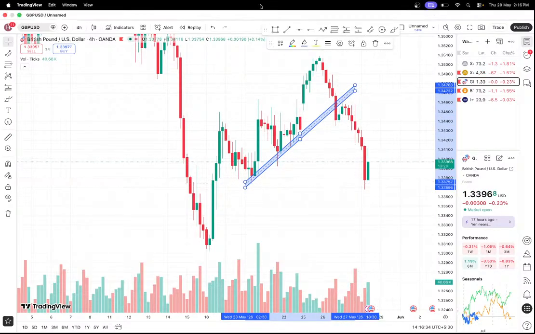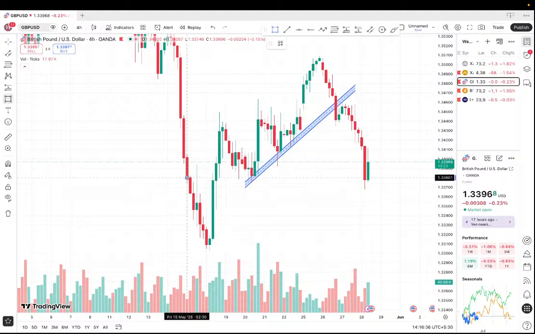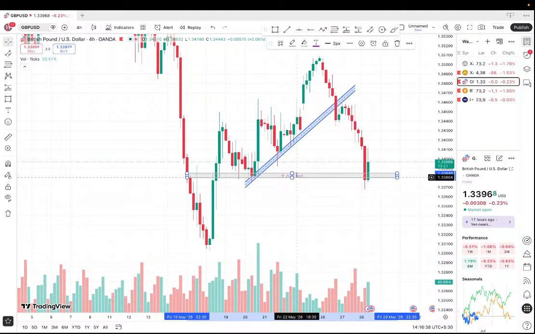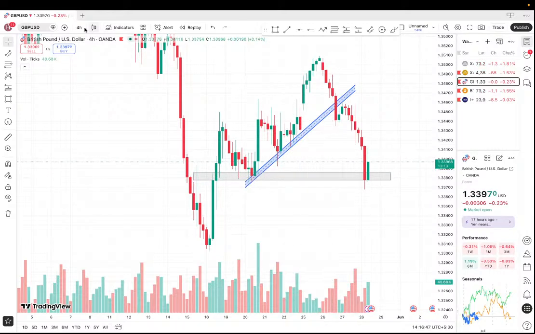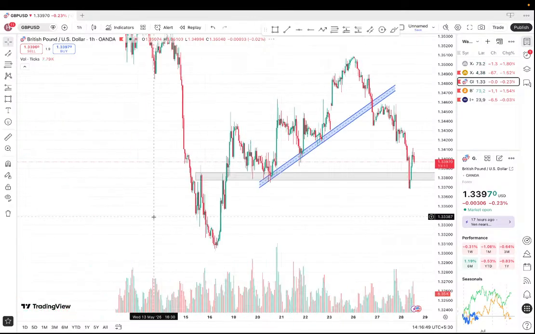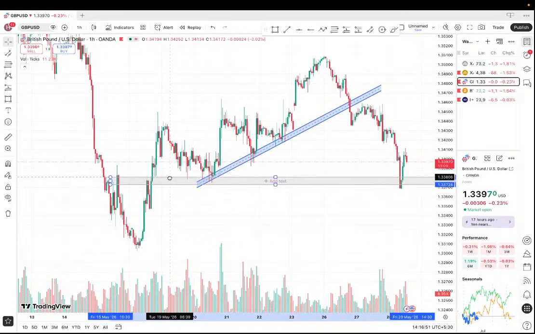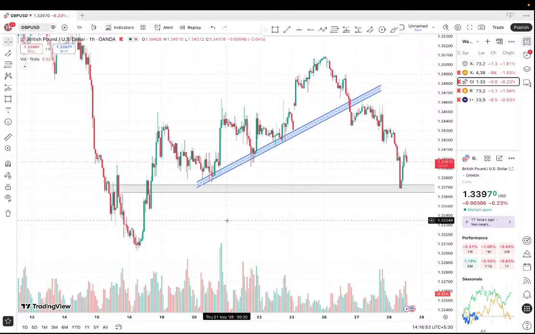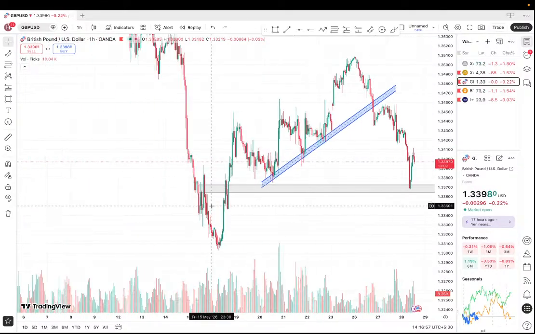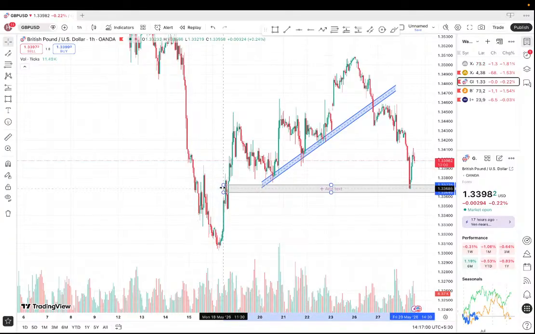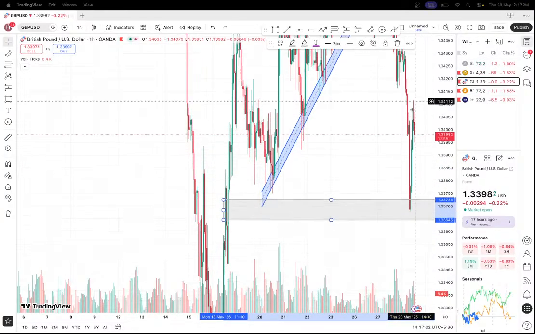And now from this zone it's taking a support, right? So from here it's taking support. And as we go on 1 hour time frame, it took support of this order block, right?